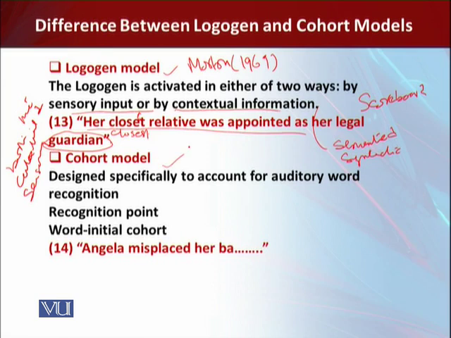The cohort model is specifically designed to account for auditory word recognition. It has a recognition point and a word-initial cohort. This was introduced by Marslen-Wilson, who noticed several aspects of spoken word recognition that needed to be accounted for in a model of lexical access.